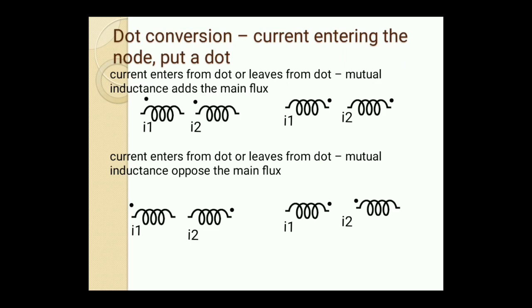Okay. So we got the voltage equations for these two inductors: VL1 equal to L1 into di1 by dt plus M into di2 by dt, and VL2 equal to L2 into di2 by dt plus M into di1 by dt. We have already seen these two formulas.